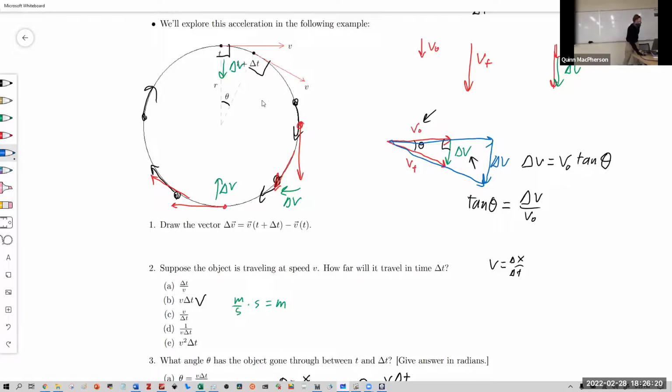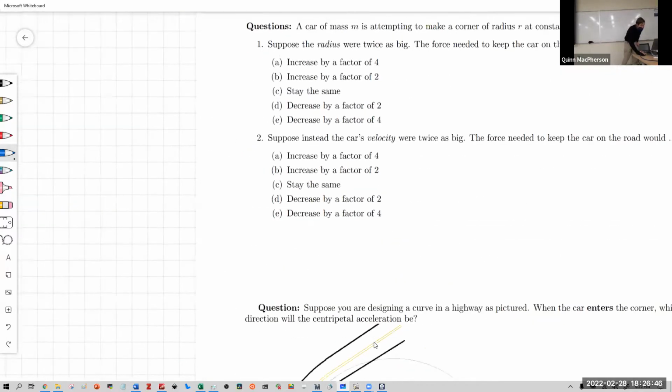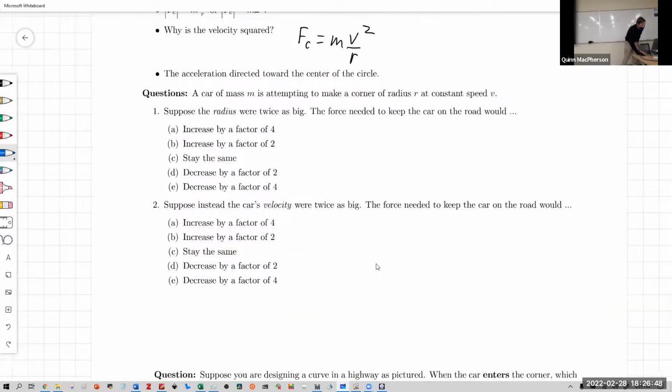So you change both the angle and the size of the triangle. The velocity comes in twice, hence v squared. This is kind of a fun thing to do: whenever you get an equation with a square in it, ask why that variable is in there twice. So that's just a fun little thing to think about.